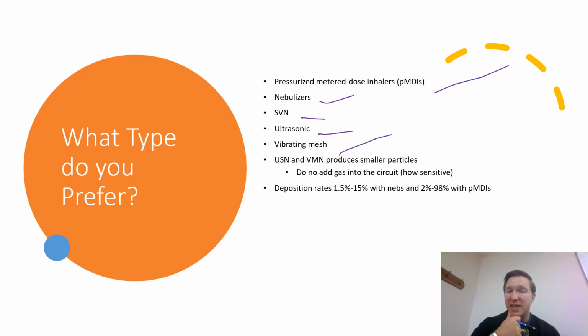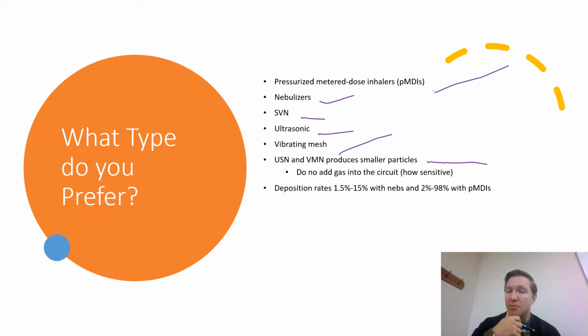One of the more popular ones out there is called Aerogen, but these ones don't add any extra flow to the circuit. They can be set up to go continuously. These are pretty neat little devices. The next one here is to make sure that you understand that ultrasonic nebs and vibrating mesh nebulizers will produce smaller particles, right?